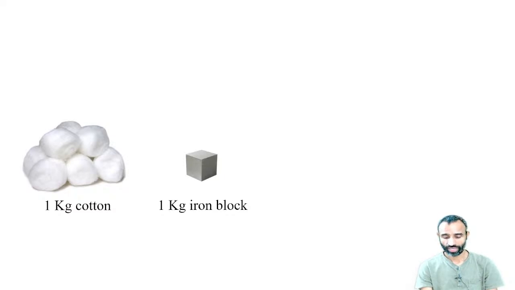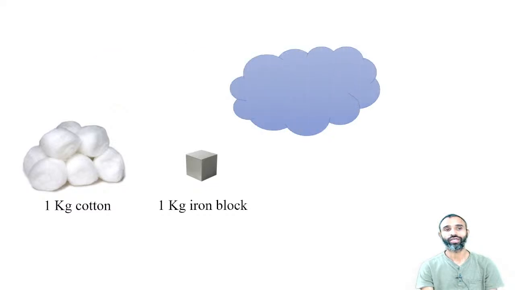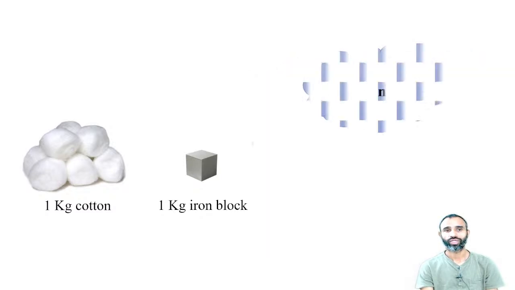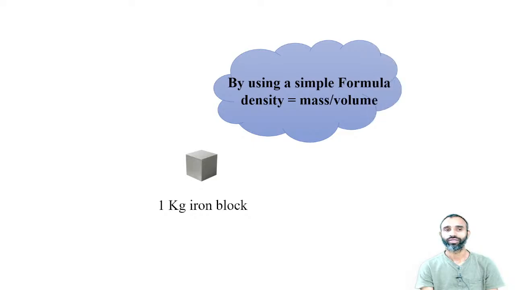If we have 1 kg of cotton and 1 kg of iron, obviously the weight is the same, but the volume of the iron piece is less, so that's why iron has high density.